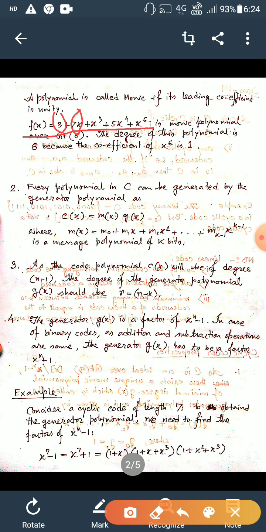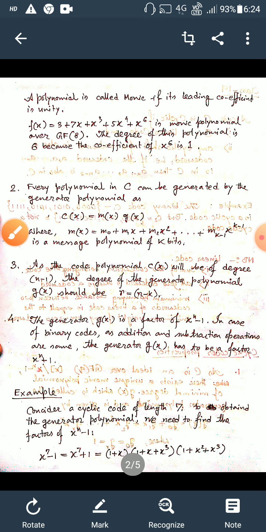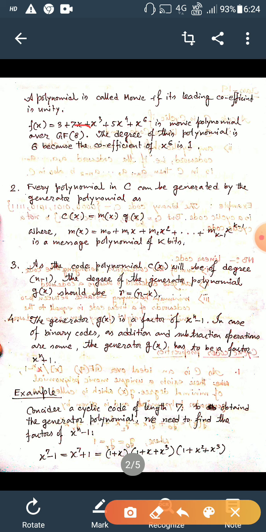So the highest coefficient value here is 7. So you can consider that Galois field 8 is present here, because for Galois field 8 the values go from 0 up to 7.